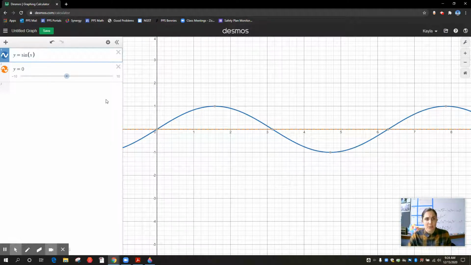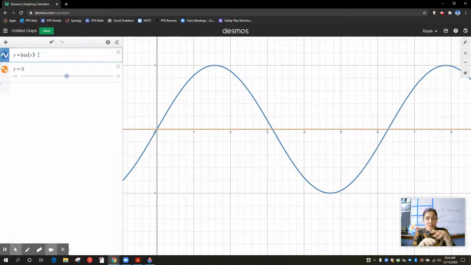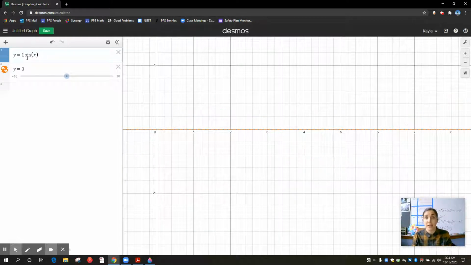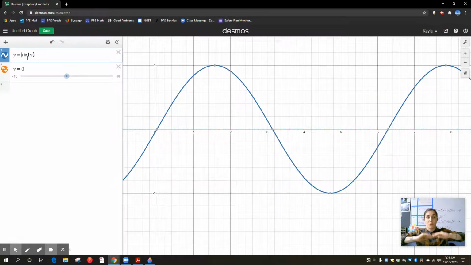And again, working with normal sine, as we think about those vertical stretches, you could do a vertical compression, right? Multiplying by something like a half would change my amplitude to a half instead of 1. And multiplying by a negative would flip my graph upside down, right? The same vertical reflection that we've seen before.